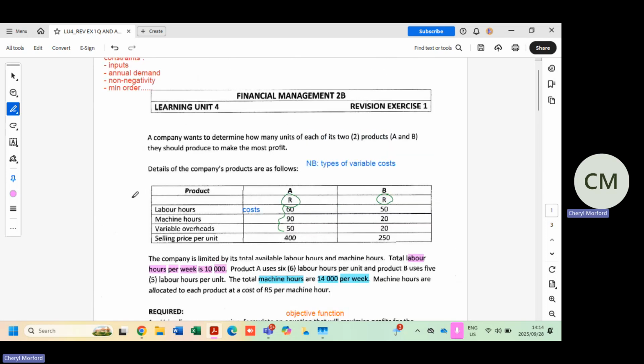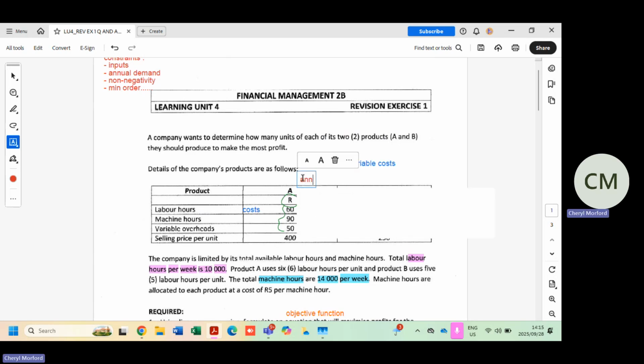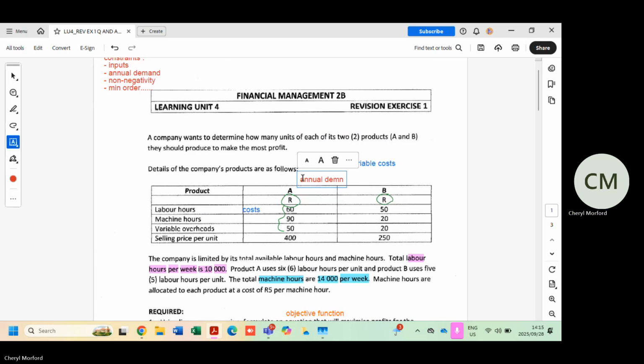But I'm also going to include some other information here. We're going to do an annual demand. So I'm just going to type that in a convenient spot somewhere. Here, we're going to say the annual demand for the products. For A, the annual demand is 600 units.